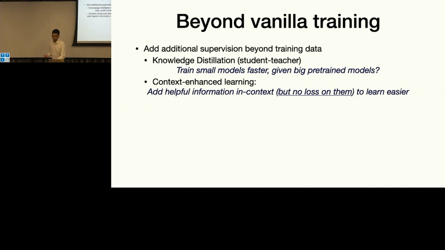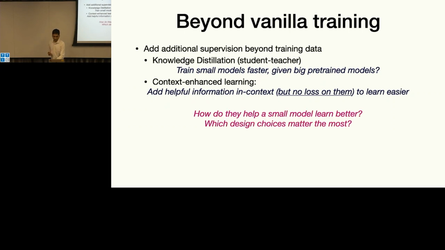But here we'll be focused on two primary questions. First, how do these algorithms work in practice? And second, if we can understand this mechanism, can we improve the model design choices to target the success of these algorithms?